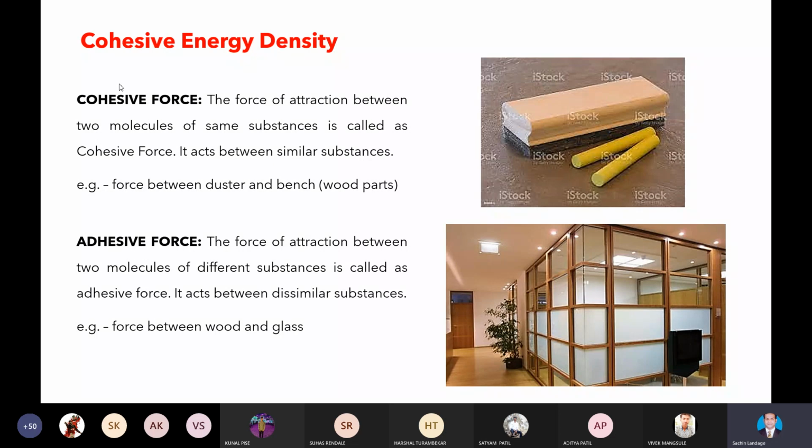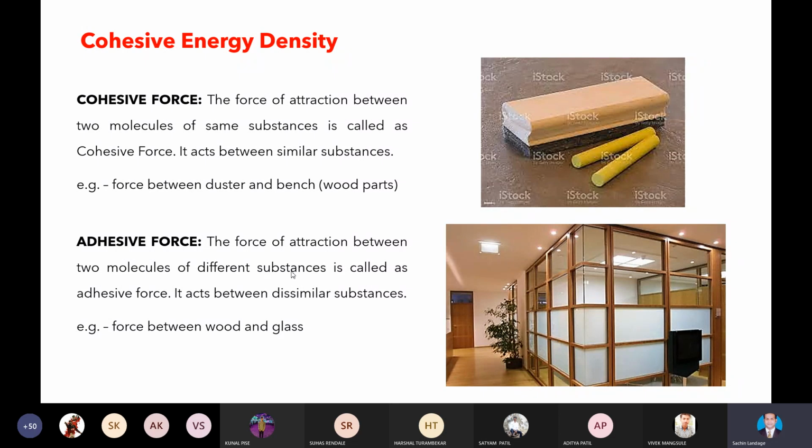Clear the point? For us, cohesive force is what we need to take into consideration, but we must also know what adhesive force is. Cohesive force is between the same substance type, but of two different molecules.